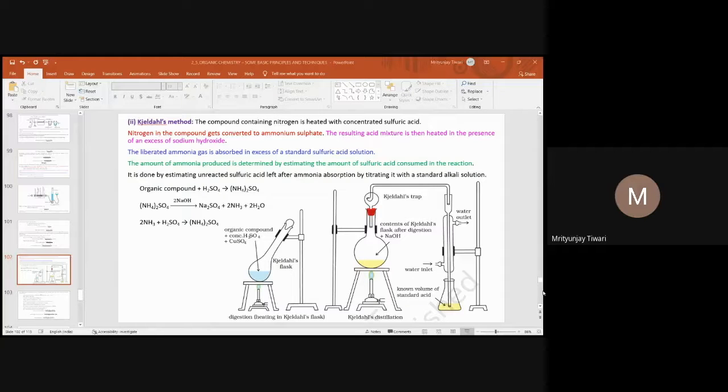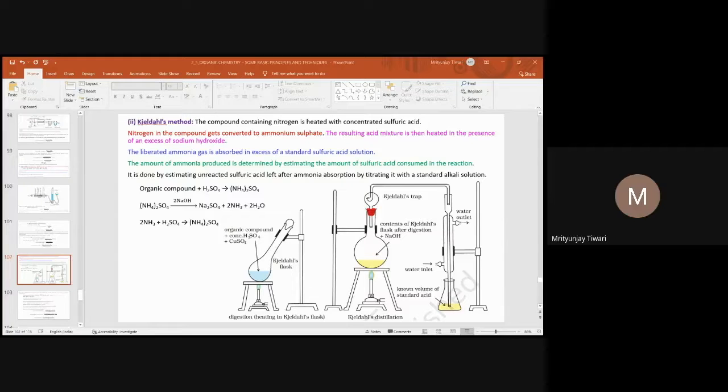We take a known volume and known molarity of H2SO4 into another beaker and collect this ammonia by passing it through a condenser, so that the temperature of ammonia goes down. Once the temperature goes down, solubility in H2SO4 also increases, and we collect this ammonia into the H2SO4 solution, where ammonia reacts with H2SO4 to form ammonium sulfate again.